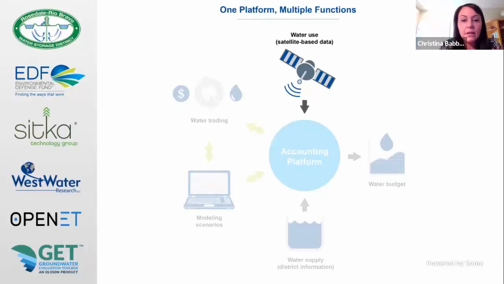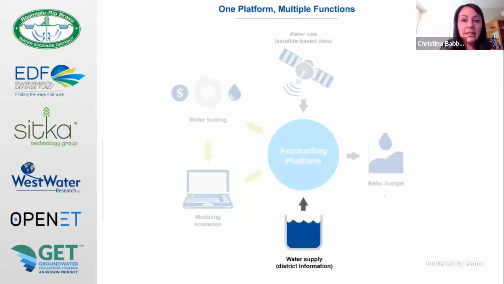Next slide. Water supply in the district is managed by the district, of course. The district can input detailed water budgets for landowners. For example, they can set a water allocation or target usage for each field or landowner. This also allows them the opportunity to define different types of water.